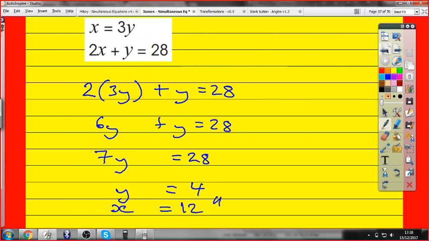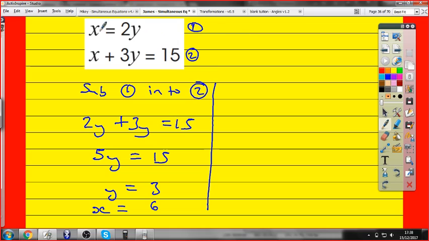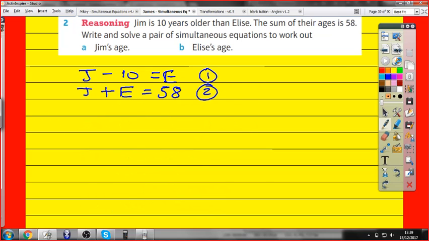So it's similar to the ones we were doing. Basically, x equals 2y, and so instead of writing x, you can write 2y in the other equation. For this one, E equals J minus 10. How could you use that? Would you have to use 10? Well, what could you write instead of E in the second equation?